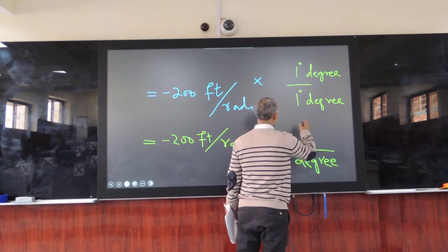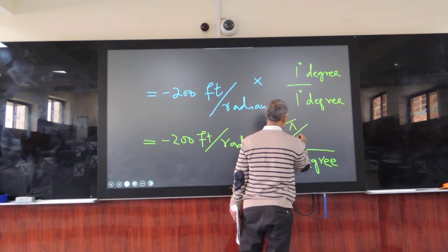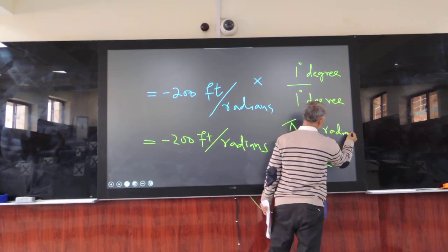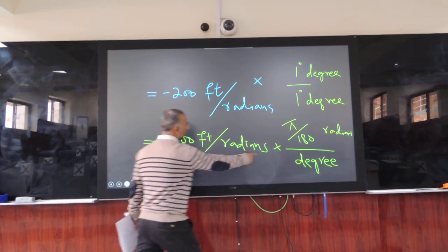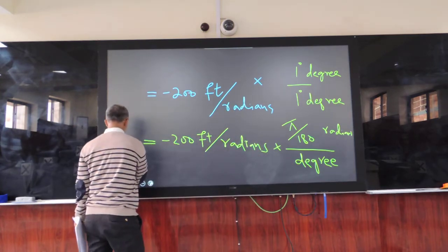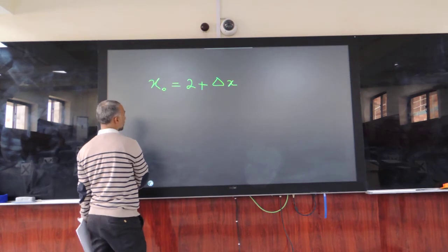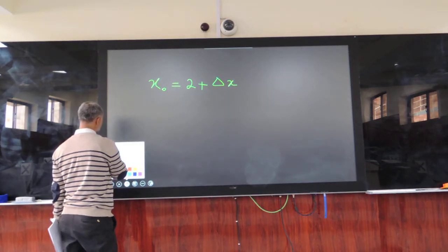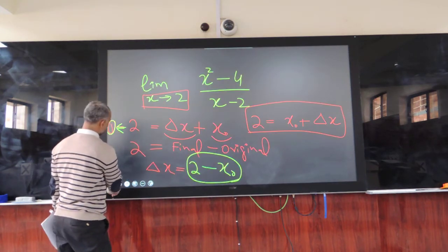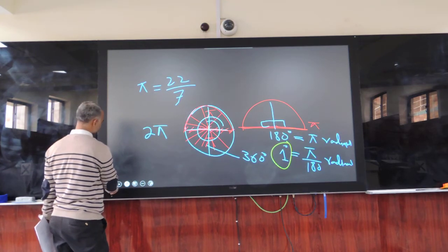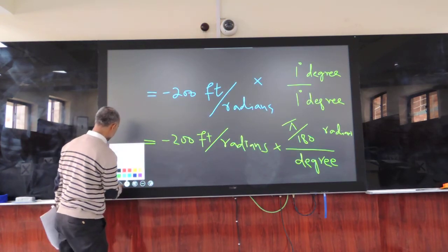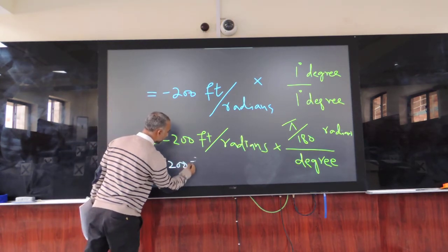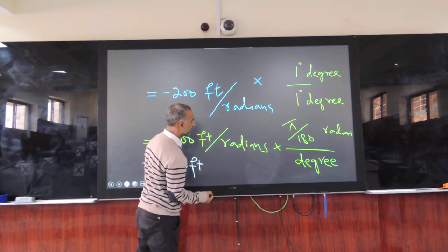But in the numerator, it's pi over 180 radians. So this 180 goes to the denominator.